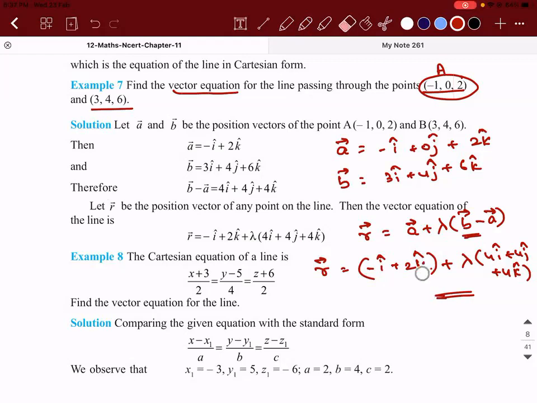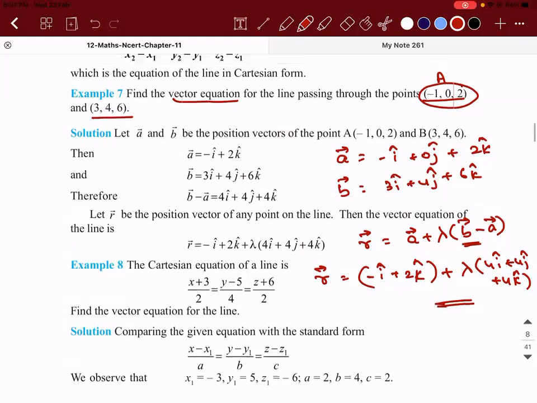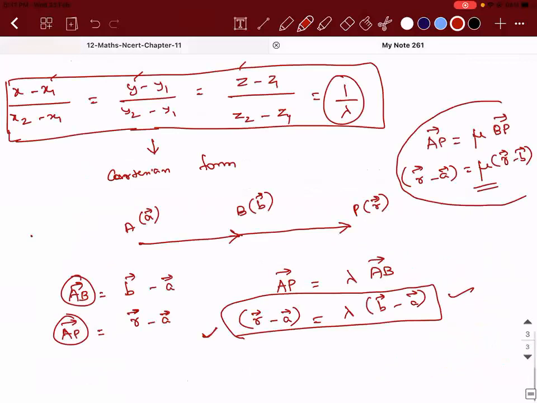Sir, I have a doubt. Please tell. Why did you write it as B vector minus A vector? You can write A vector minus B vector also. It's still right. Because I took AB vector here, so I wrote it as B vector minus A vector.